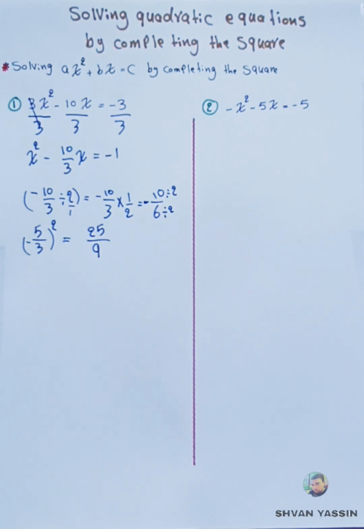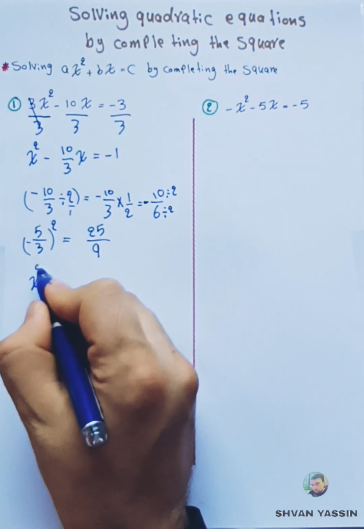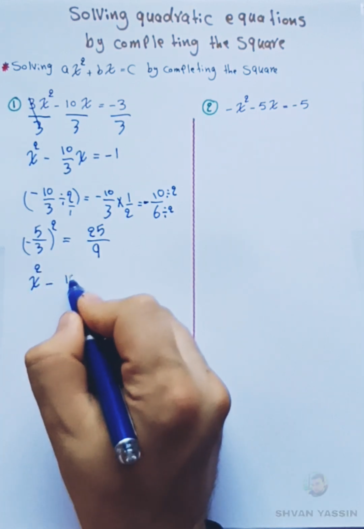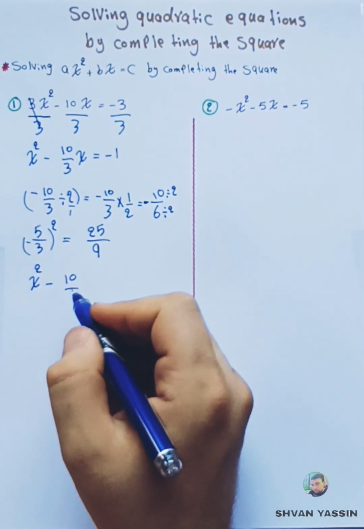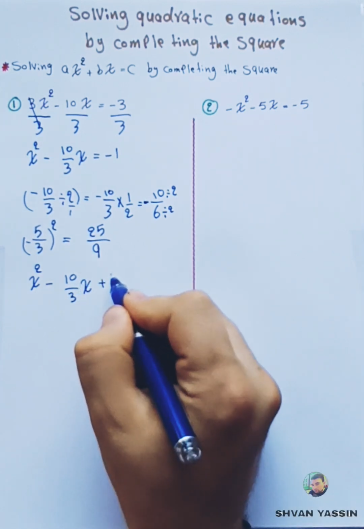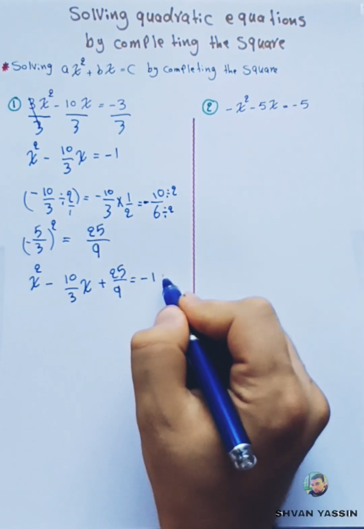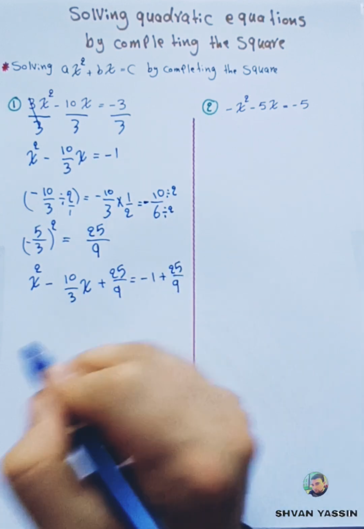You have to add 25 out of 9 to both sides. So you have x squared plus 10 out of 3 x plus 25 out of 9 equal to negative 1 plus 25 out of 9.